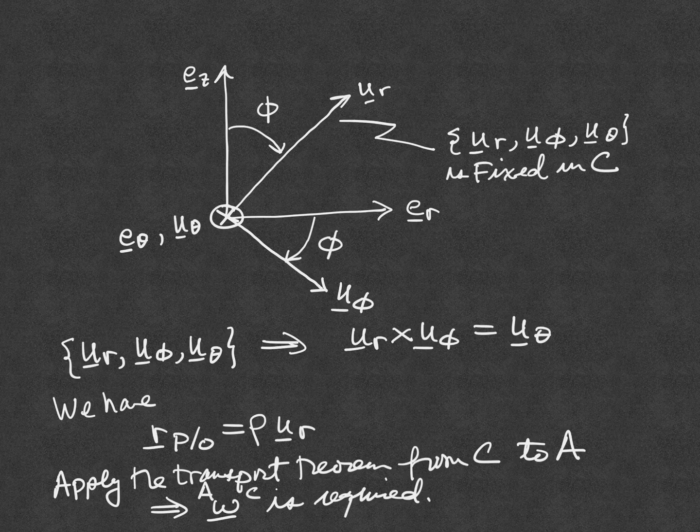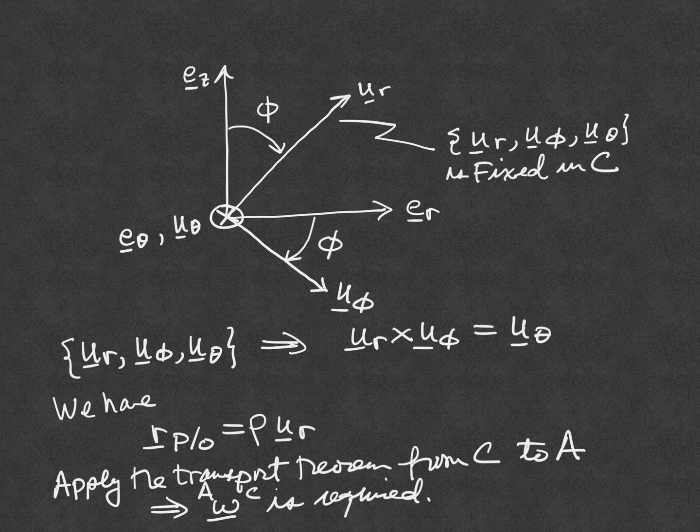Well, there are a couple of things that we already have. It's really important to notice that we already have the angular velocity of B in A. That's theta dot times EZ, and that hasn't changed. So that part is okay. We have omega BA. Now we need omega CB.